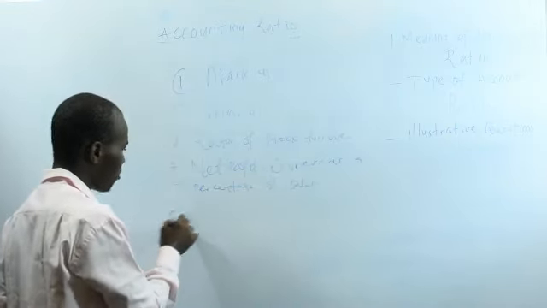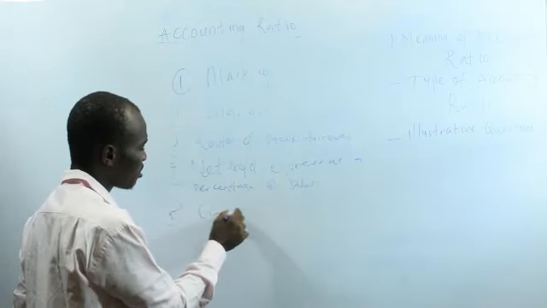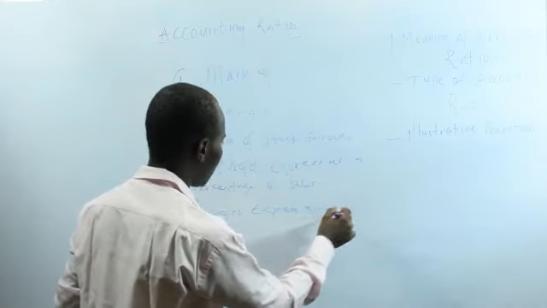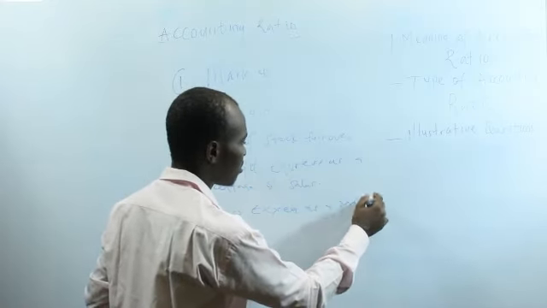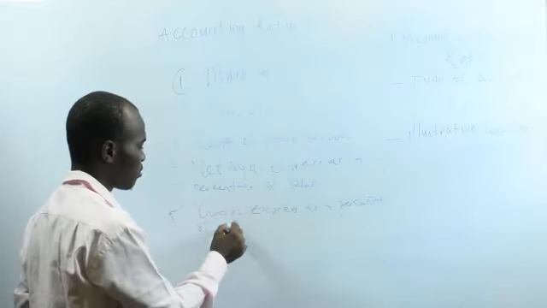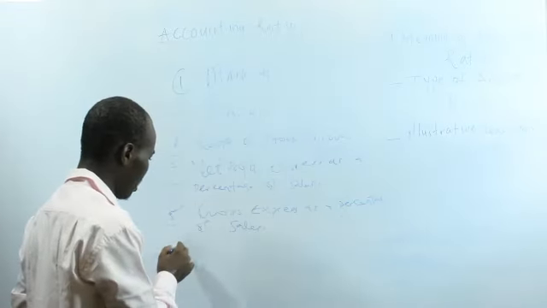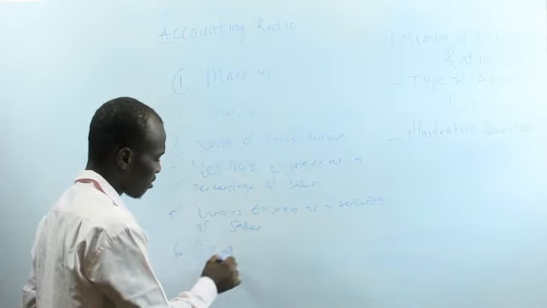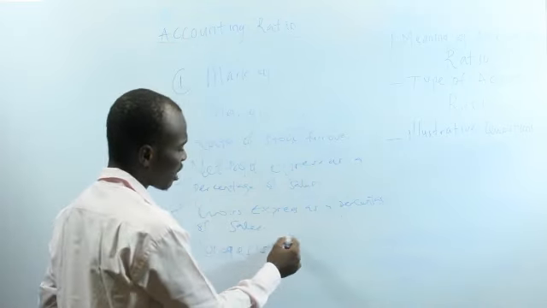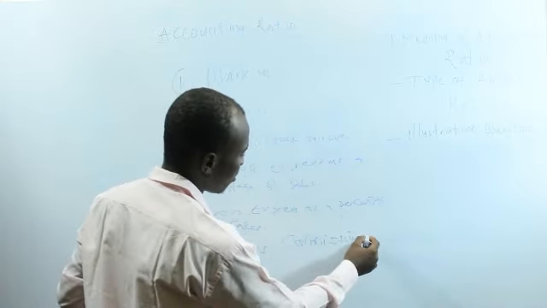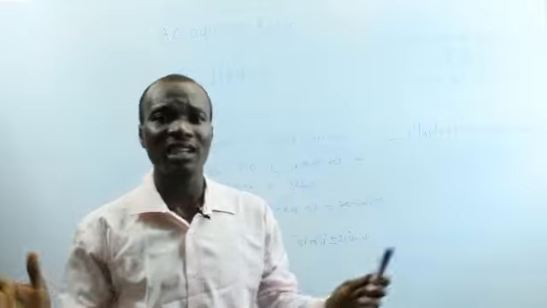Thereafter, we have the gross profit expressed as a percentage of sales. While the next, we have the manager commissions. These are the common ratios we have in accounting.